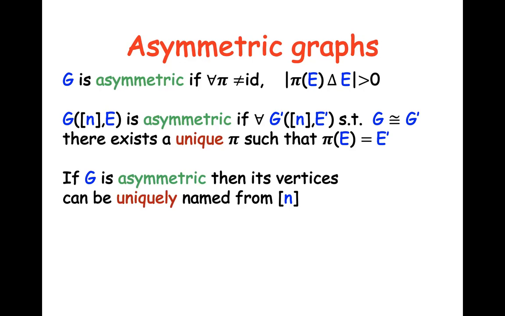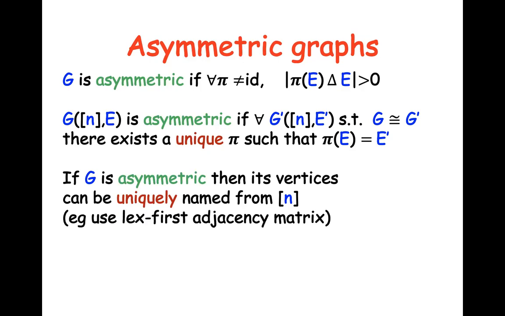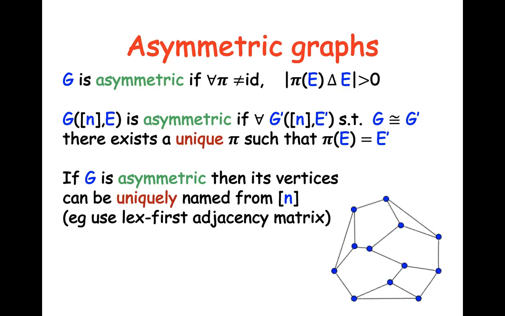They can be uniquely named. There are many ways to do it. For example, since all adjacency matrices of the isomorphic copies of an asymmetric graph will be different, the lexicographically first serves as a good labeling. So here I'll show you some labeling.